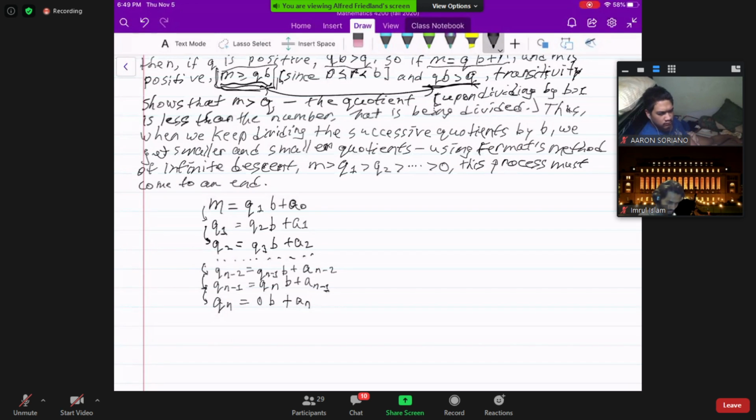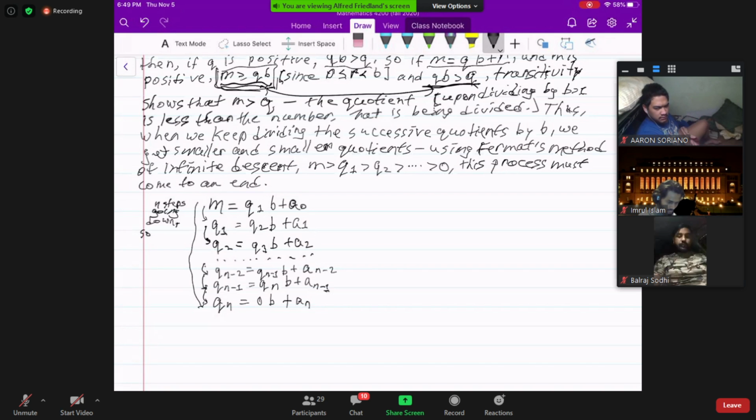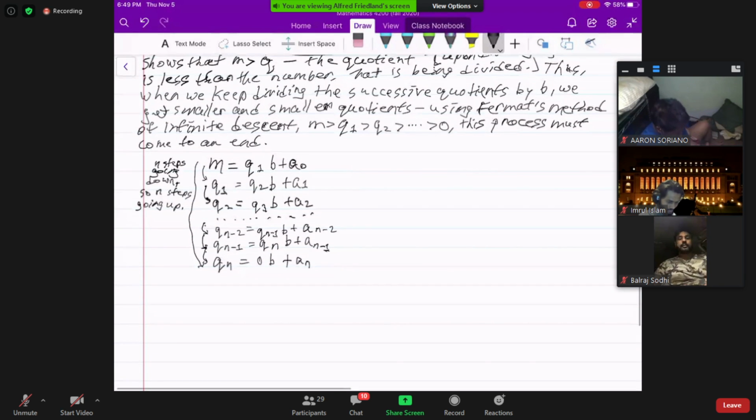So there are n steps going down, so n steps going up.